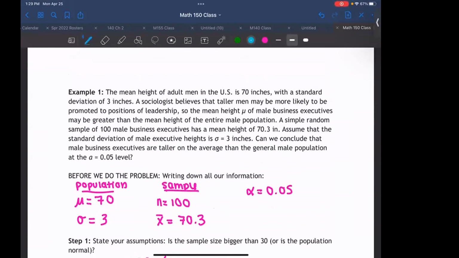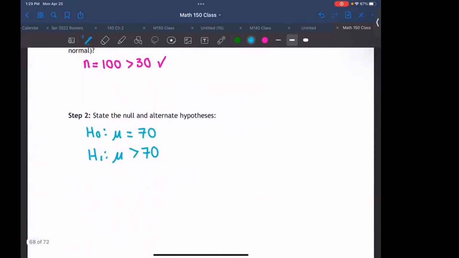Yes, we have the word greater. We also have the word taller here, right? So whenever you're trying to find the alternate hypothesis, go in the question, see if you can see something that says larger, bigger, shorter, less than, something like that. That will tell you which symbol to use here. Okay. So we're going to use bigger. Cool. Any questions with the null and alternate hypotheses?